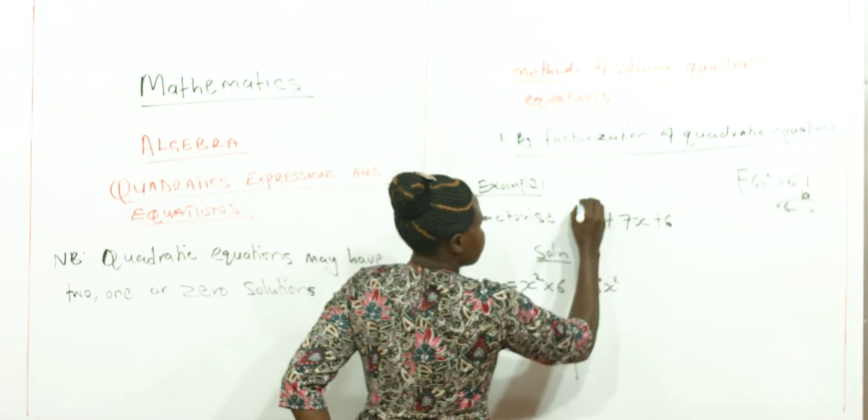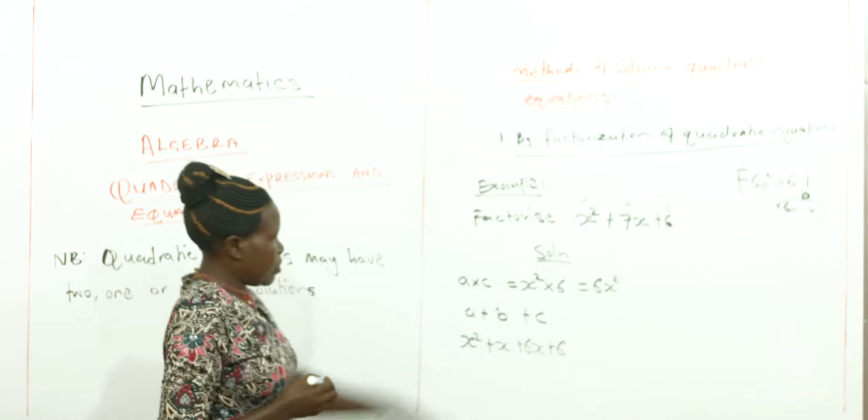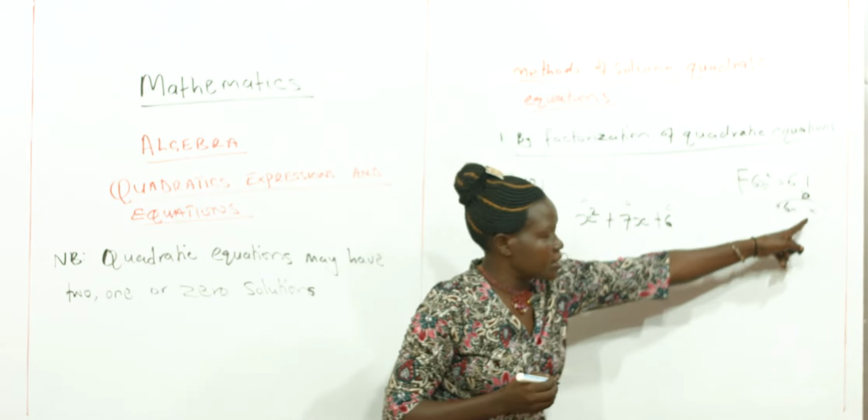So this is for A, this is for B, and this is for C.